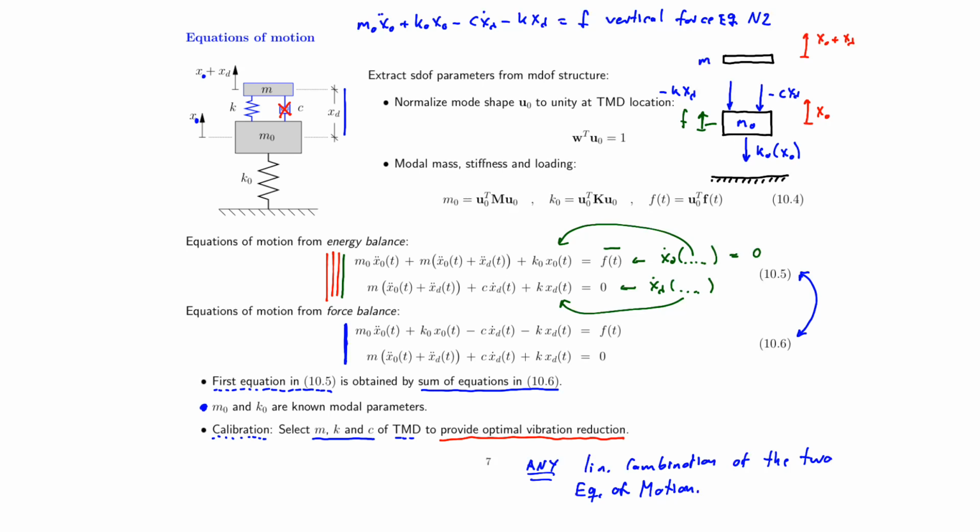However, in the opposite limit, where c approaches infinity, the viscous damper becomes rigid, and that means you will obtain an equivalent system corresponding to a total mass of m0 plus m, supported by the structural spring K0. And the natural frequency for this system we will refer to as omega infinity.